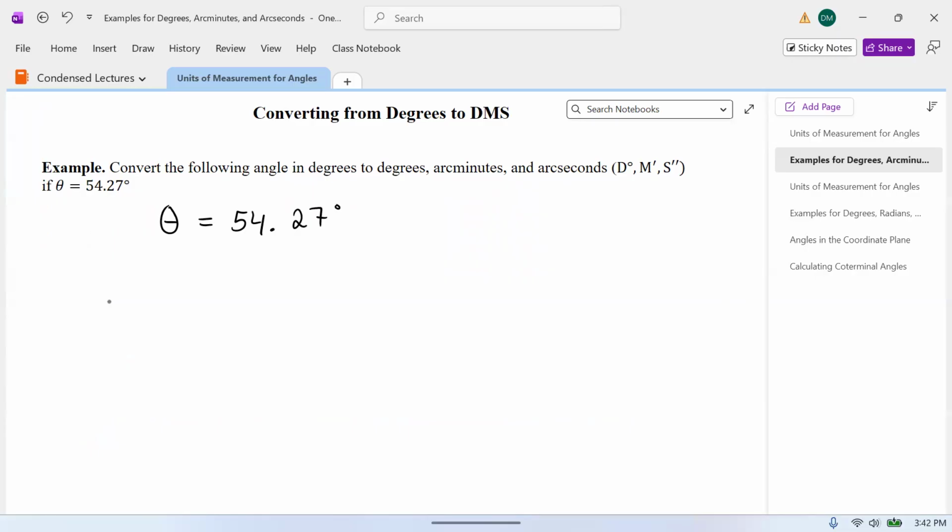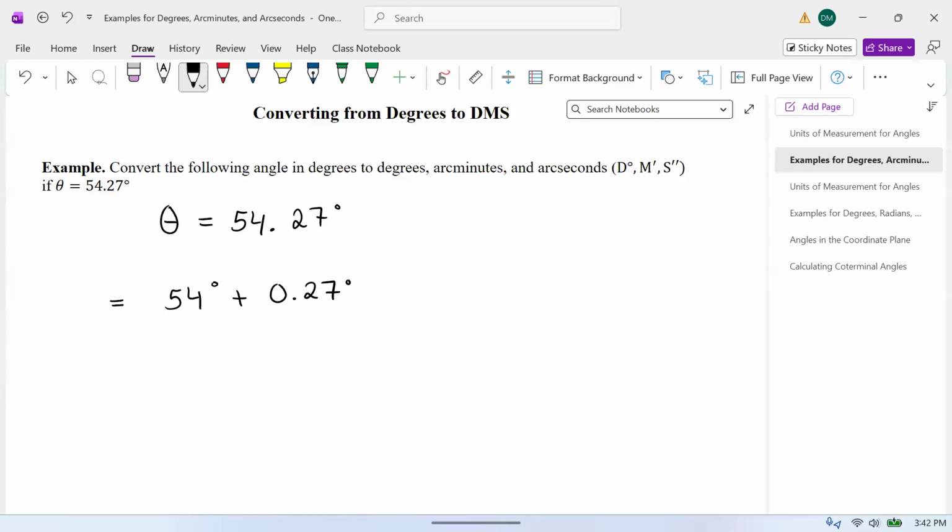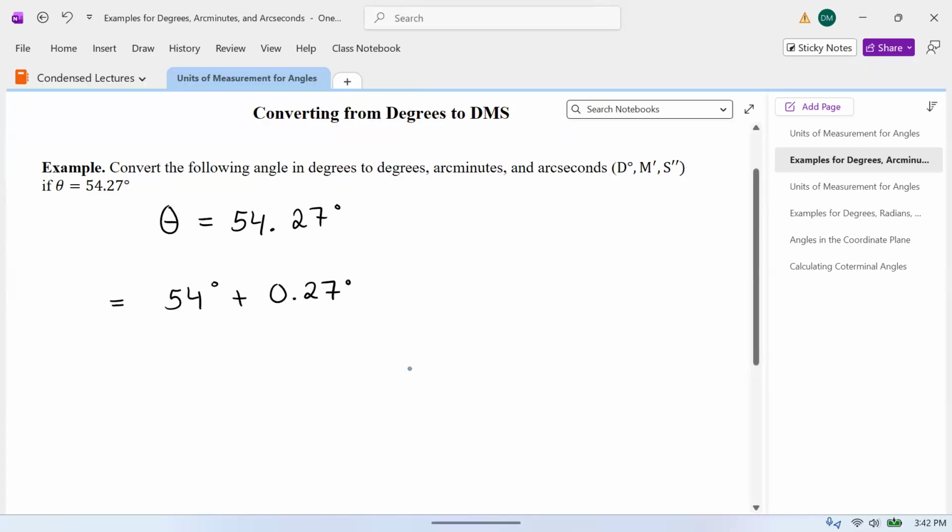Now what you do is you break it apart. I have 54 whole degrees plus a fraction of a degree. Now I'd like to express this entire angle as degrees, arc minutes, and arc seconds.